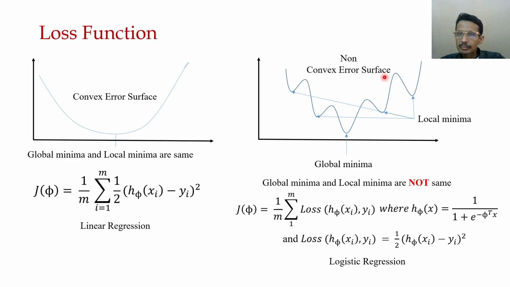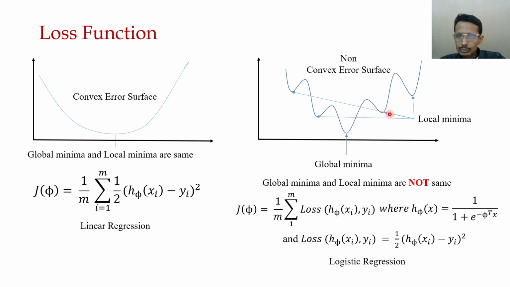And what is the problem with non-convex? The local optima or local minima is not the same as the global optimum. So using gradient descent, we cannot reach it easily. That is the major problem of this logistic regression loss function.